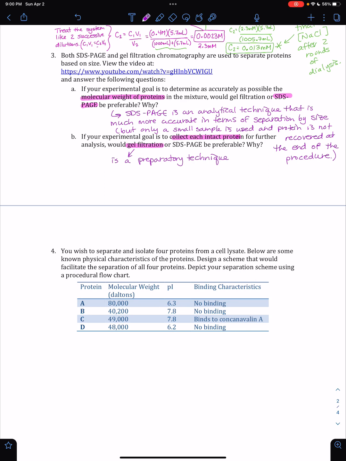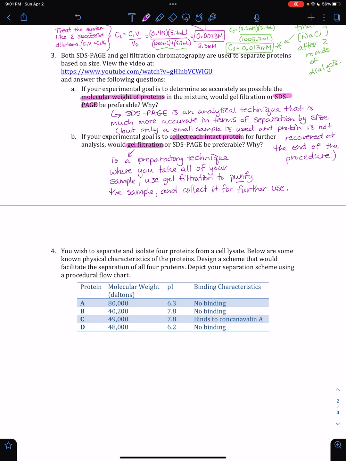So it's a preparatory technique where you take all of your sample, you use gel filtration to purify the sample and collect it for further use.